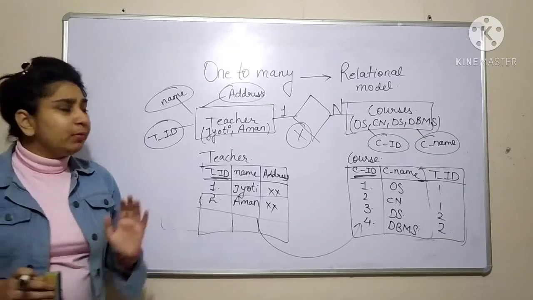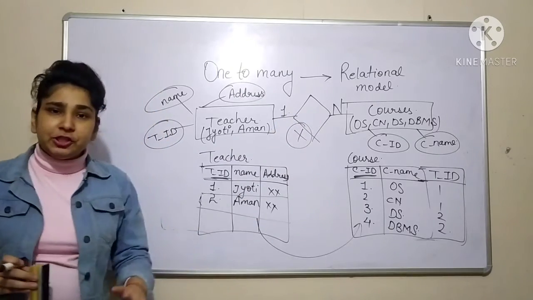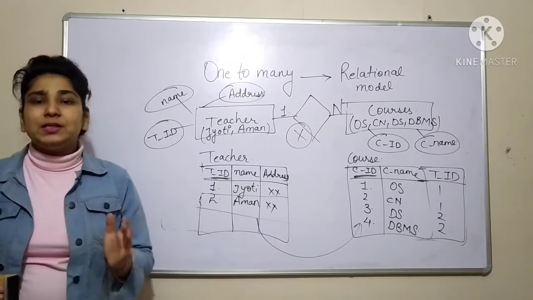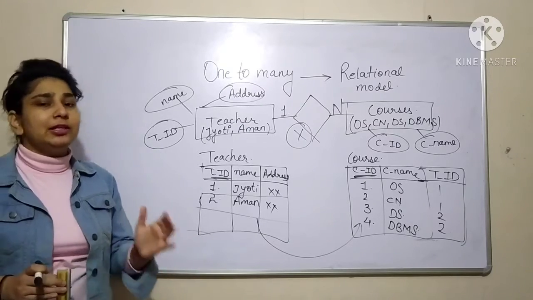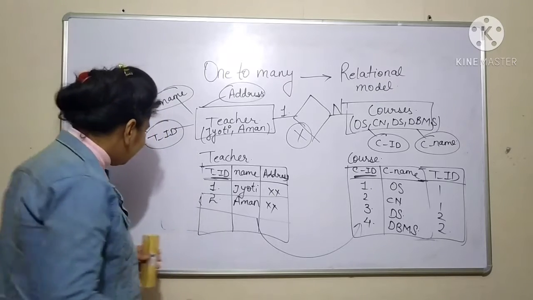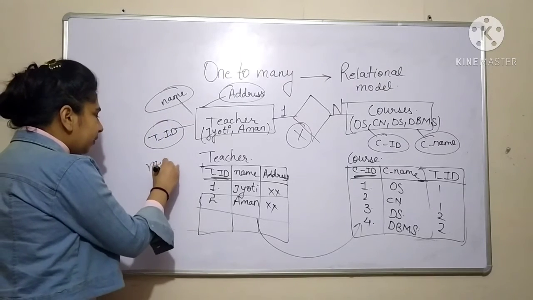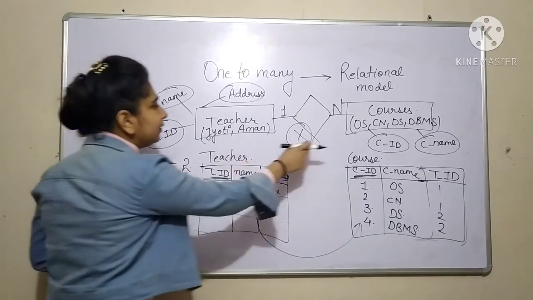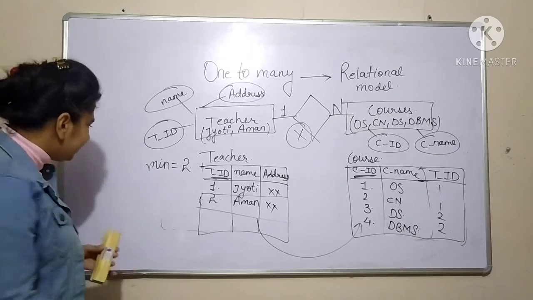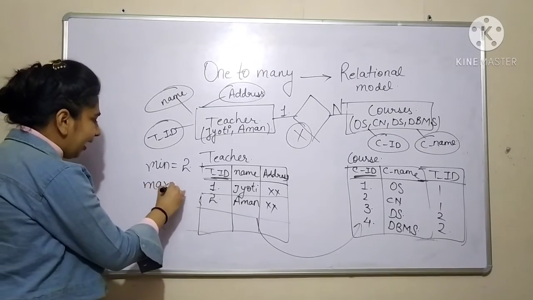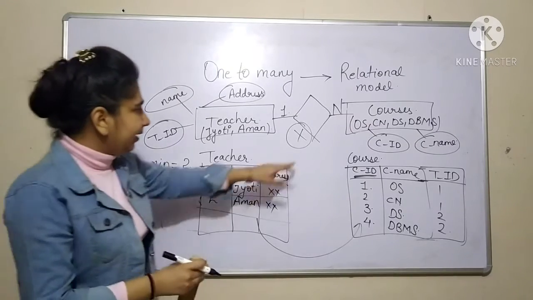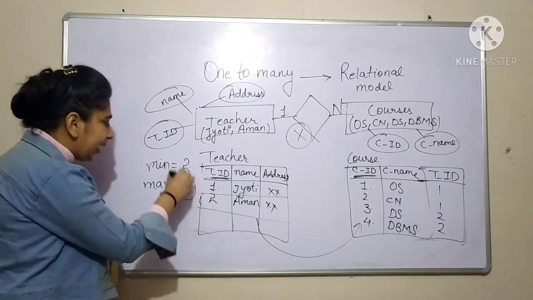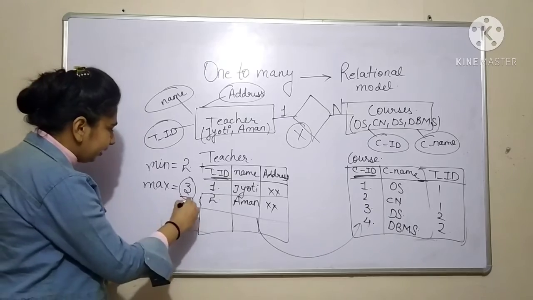If you want to make the table for the relationship, you can make it, there is no problem. But we always try to reduce the total number of tables. So in this case, the minimum number of tables we have is 2, for both the entities. And the maximum number of tables possible is 3, if we also make a table for this relationship.